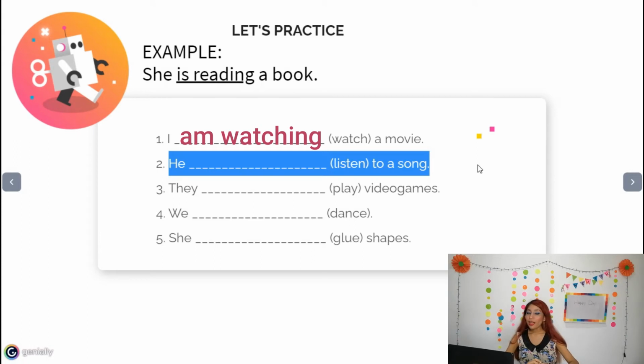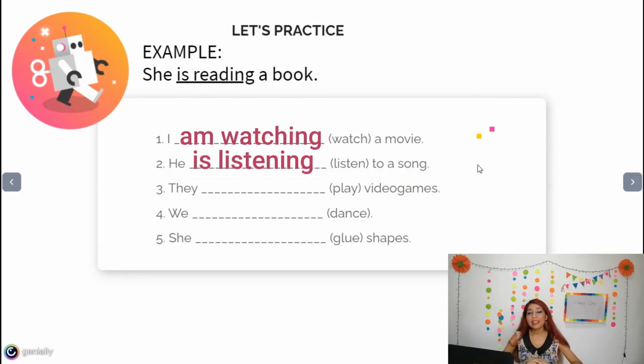If your answer was he is listening to a song, your answer is good. Why? Because as you remember, he is always used with the verb to be in its form is, not am, not are, always is. And of course the main verb in ing, listening.